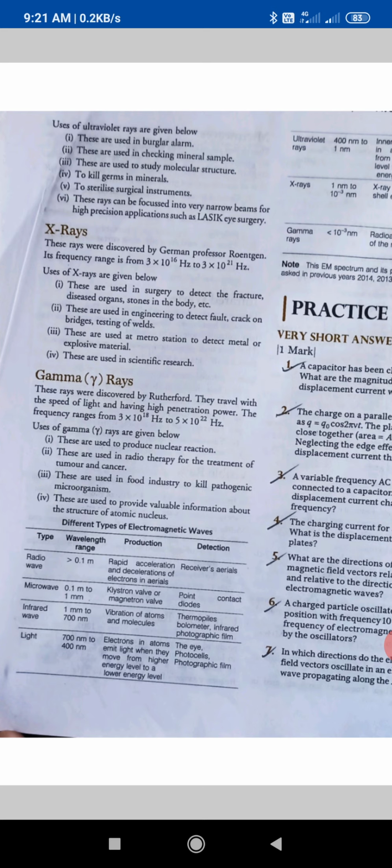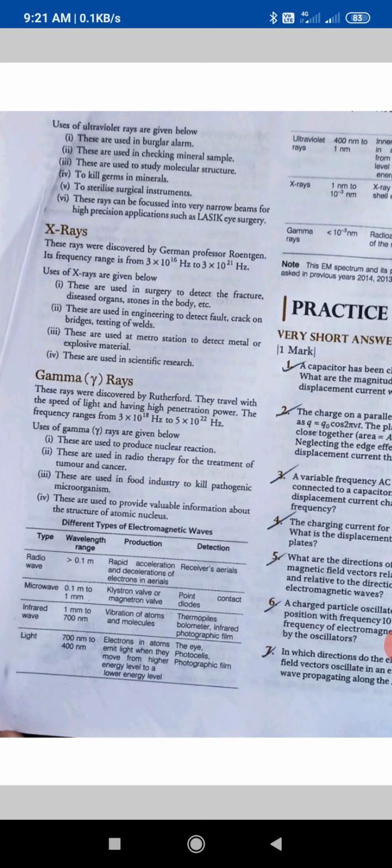X-rays. These rays were discovered by the German professor Roentgen. Their frequency range is from 3 into 10 to the power 16 Hz to 3 into 10 to the power 21 Hz. Uses of X-rays are as given below.